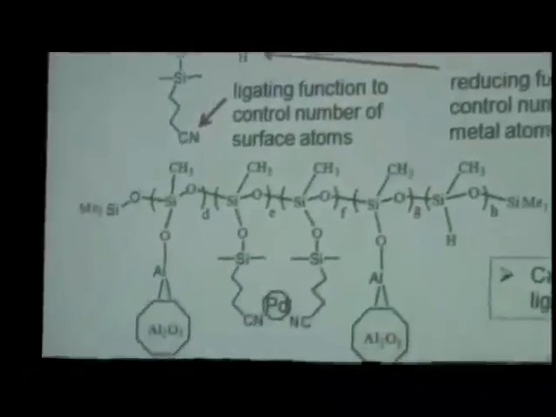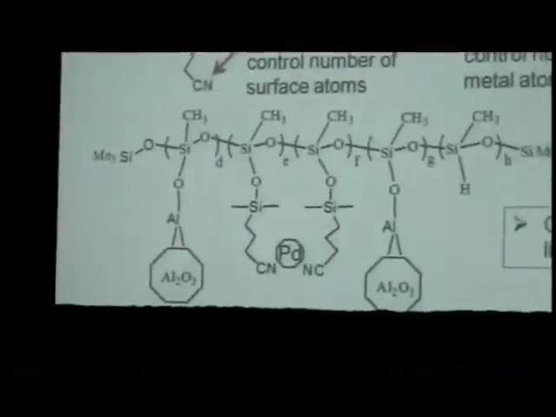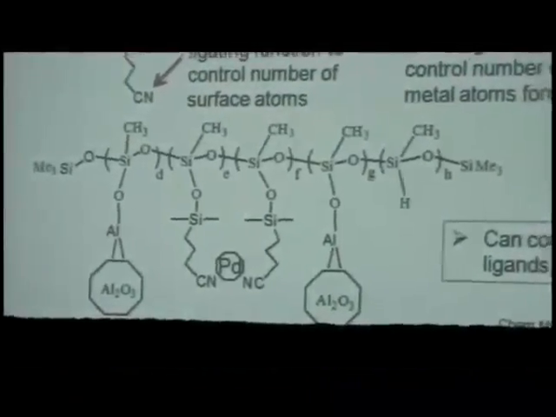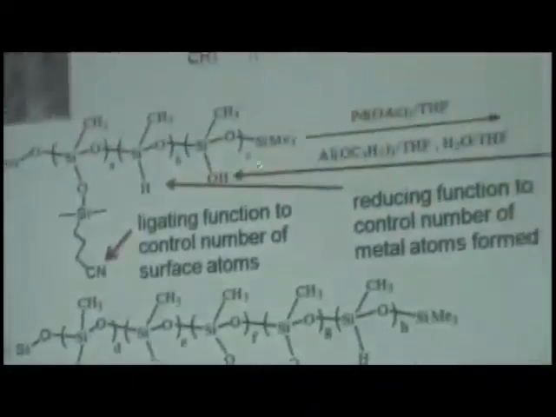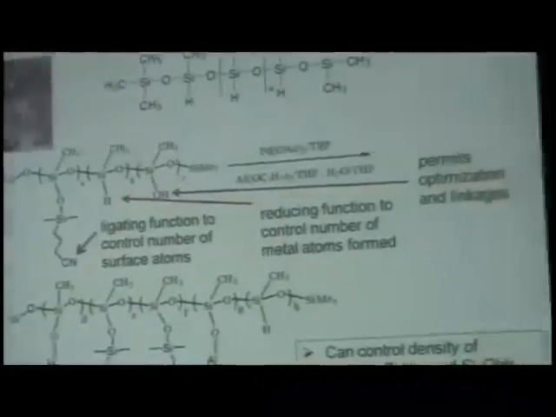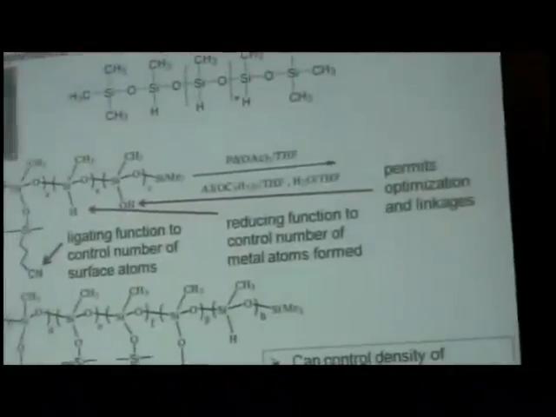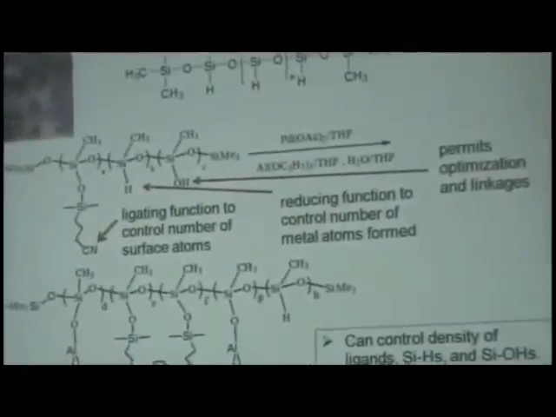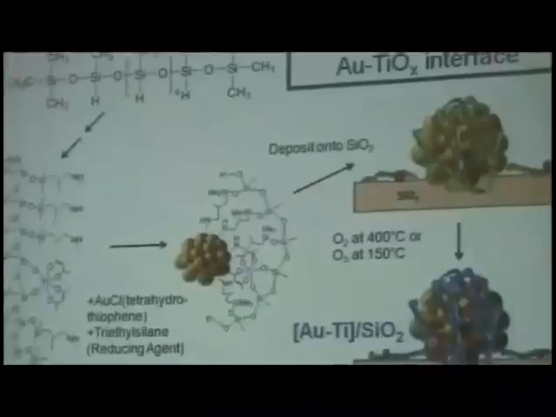One of the modifications would be to convert it into, in this case, a CN group, a nitrogen group, but we can also convert it to a nitrogen amine group, which I'll show you later. We can also use this OH, silanol, to attach a metal precursor, such as a titanium precursor, but the one of interest to us is the titanium precursor. So this is what we do.